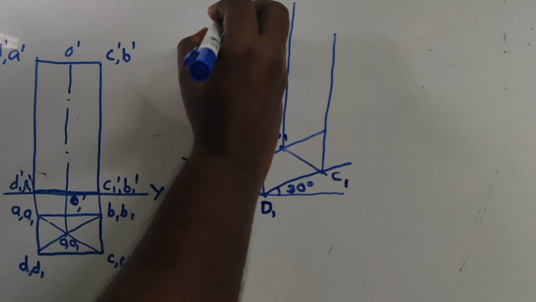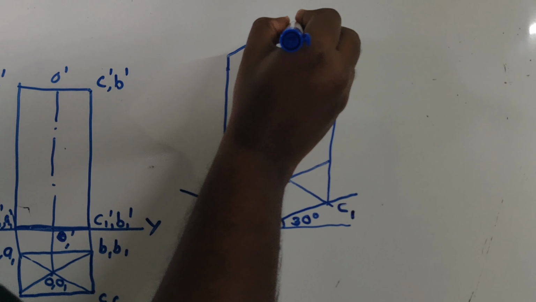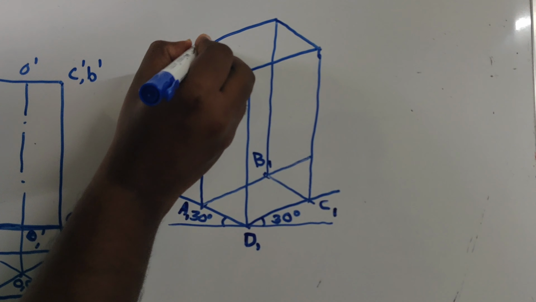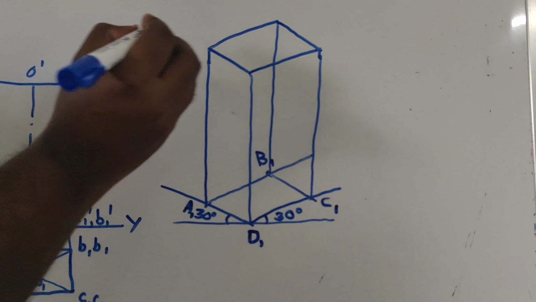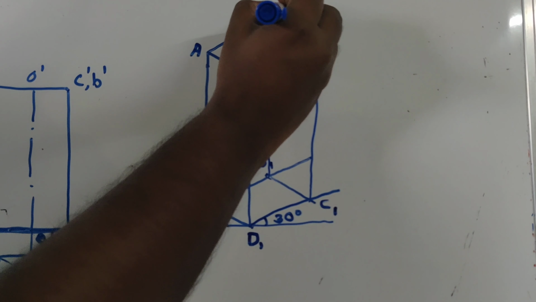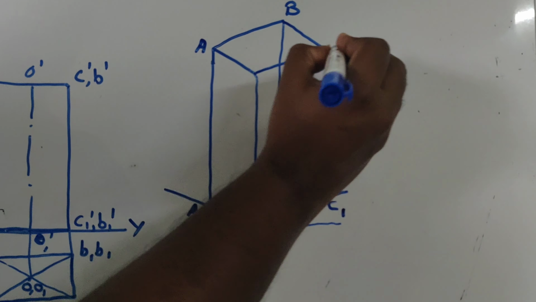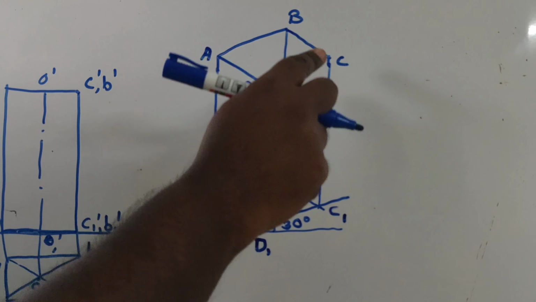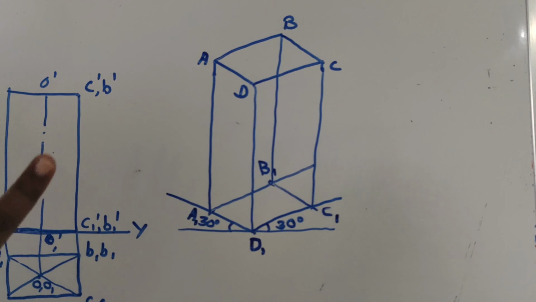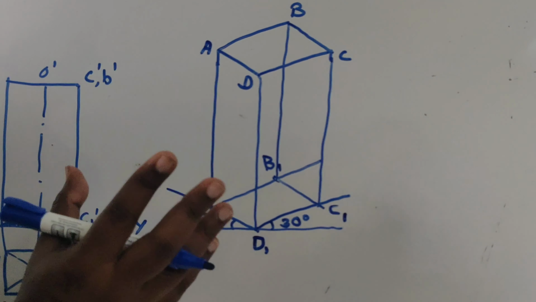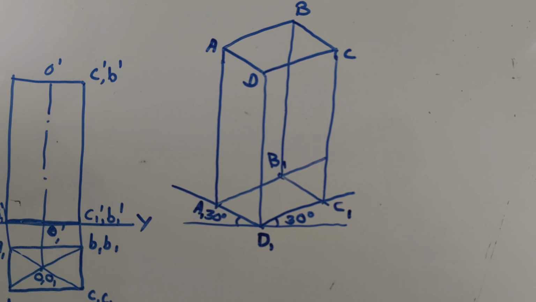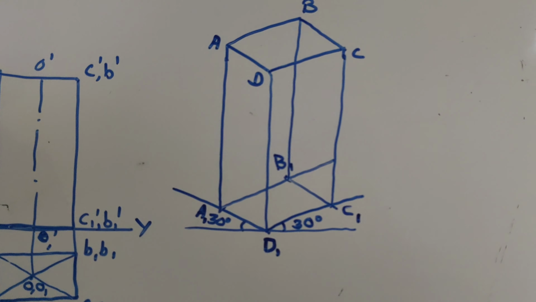Say A to B, B to C, C to D and D to A. So this is A, B, C and D. Now you can see that this is a rectangular prism. You can see the exact 3D effect on this particular drawing. Now one more thing is there: how to get the visibility.